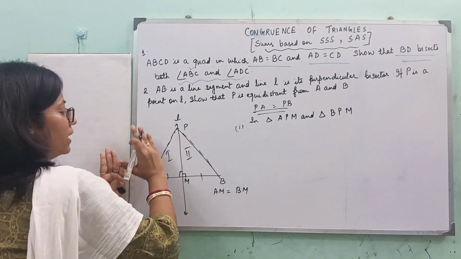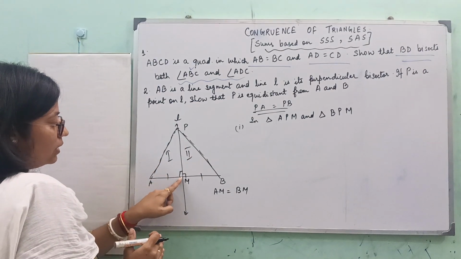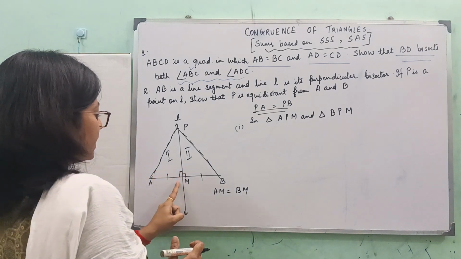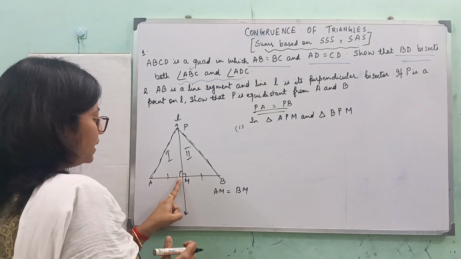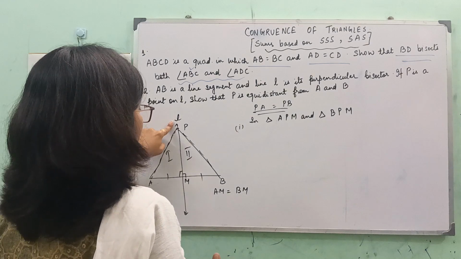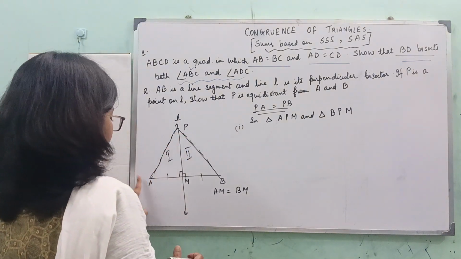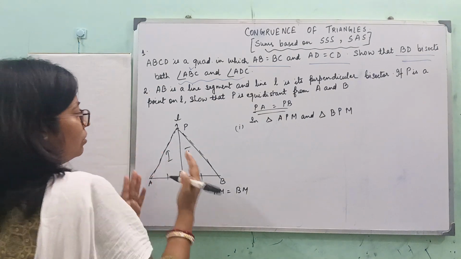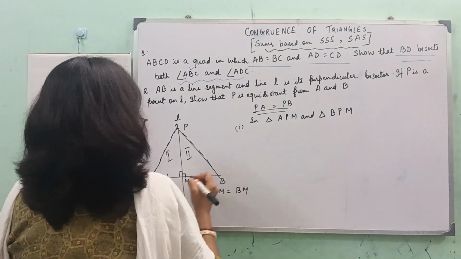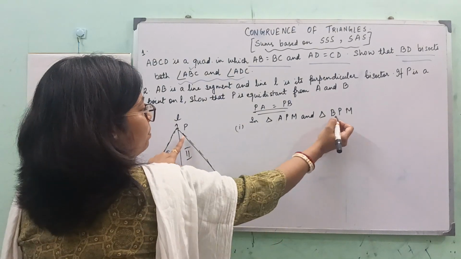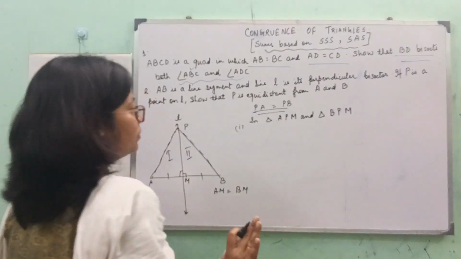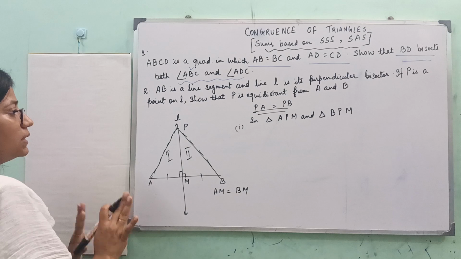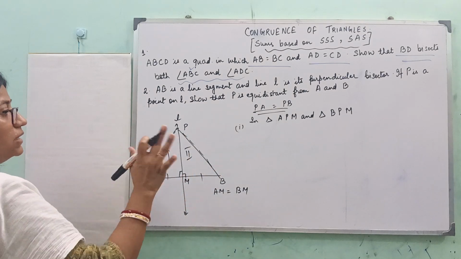When you are covering one on the other, you'll see the M of the first triangle and M of the second triangle lie at the same place, P and P lie at the same place, and A and B will lie at the same place. So A and B, P and P, M and M. The naming of the vertices and the triangles are done matching the vertices.